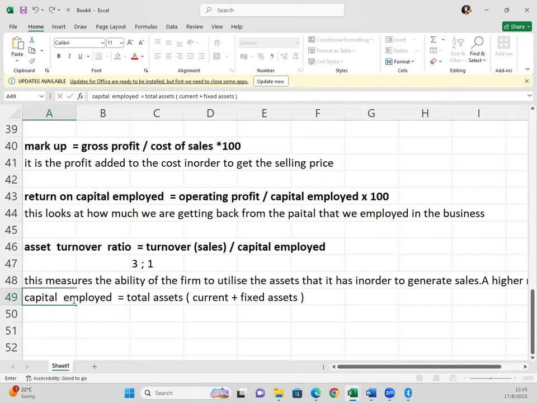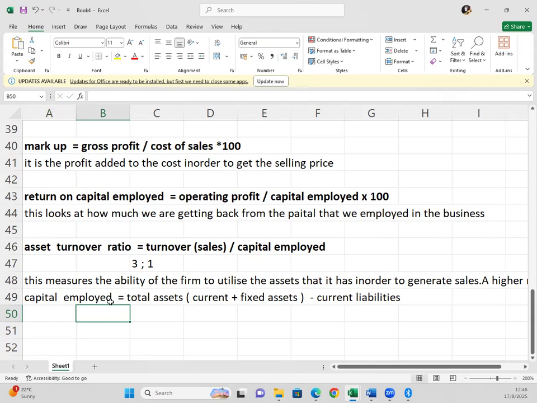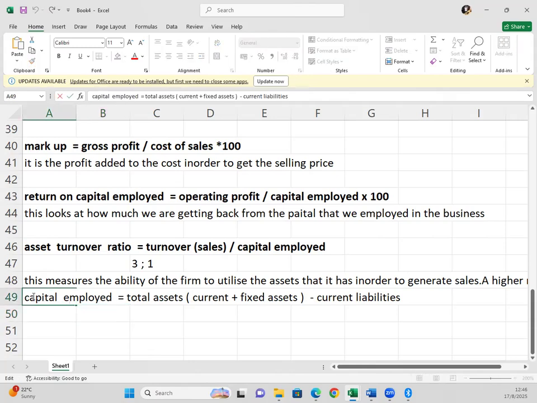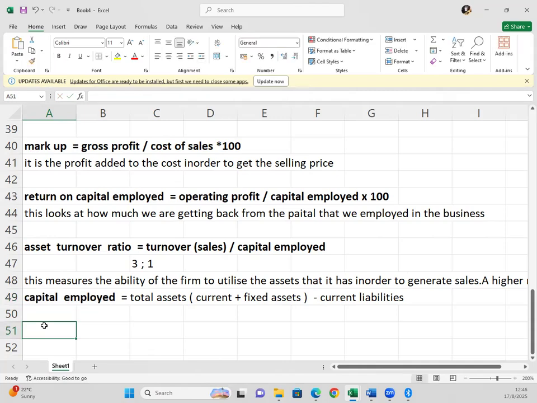Then you say the total assets minus the current liabilities. That's the capital employed: the total assets minus the current liabilities.